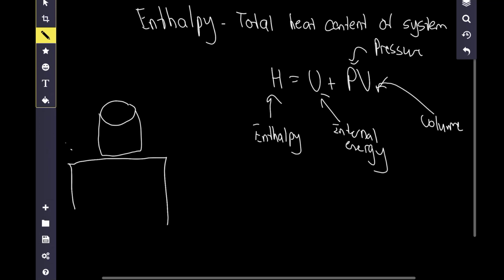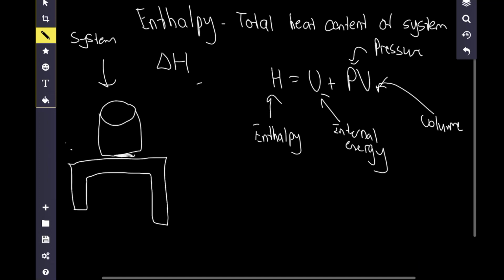Your change in enthalpy, you express it like this, during chemical reactions or natural processes like phase changes. Let's say we have this pot on a stove; this pot is going to be our system. This is what we're going to be focusing on.